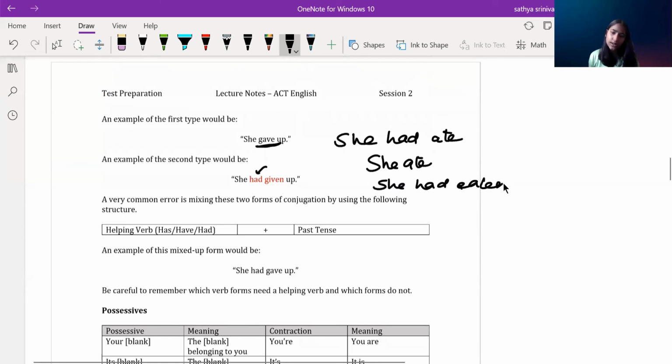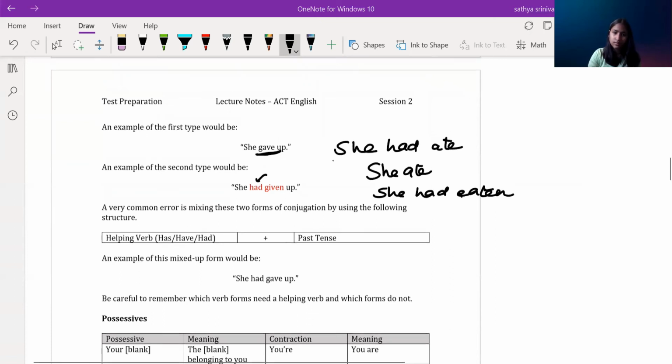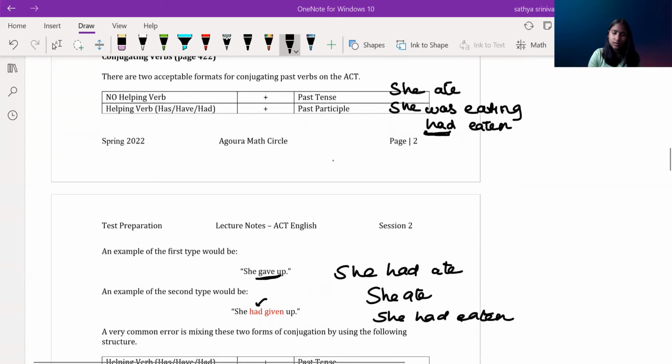Do you guys all know what like a past participle and then just plain past tense, the difference is? The past tense is just like the plain conjugation.